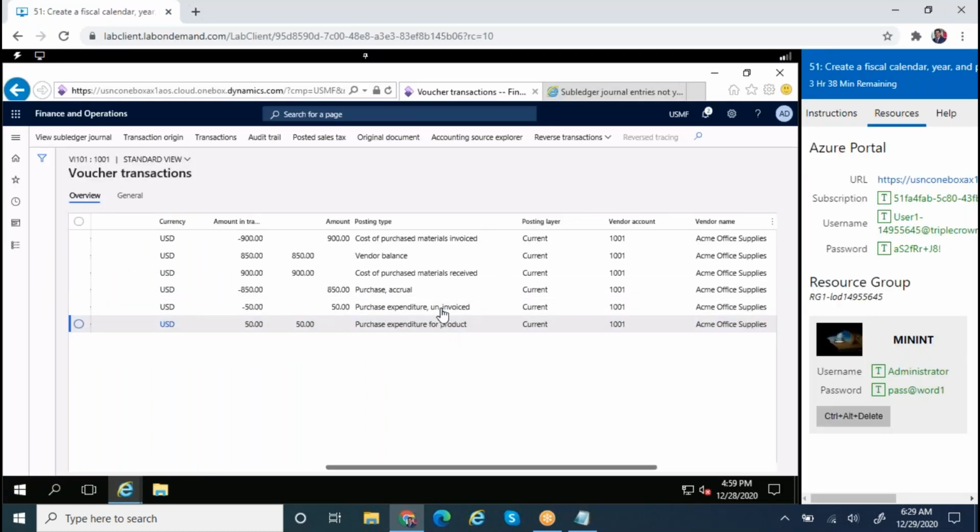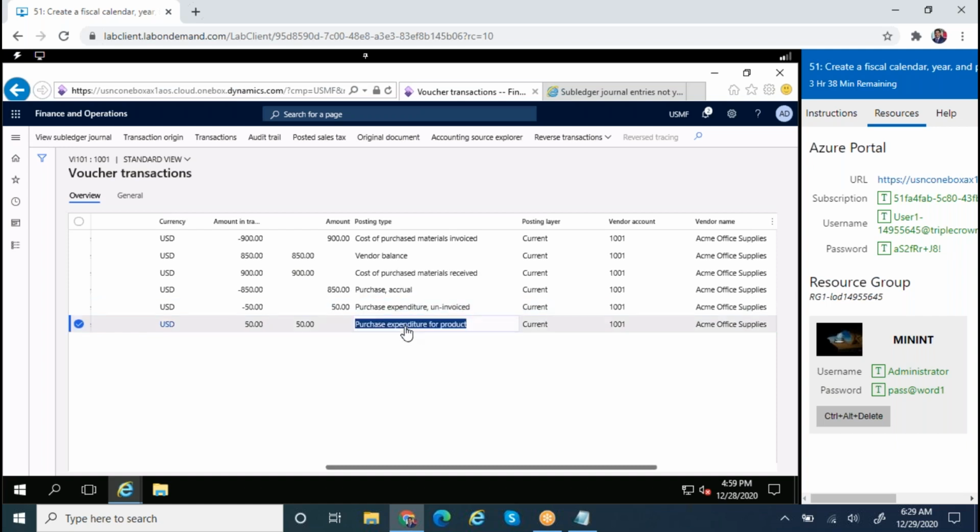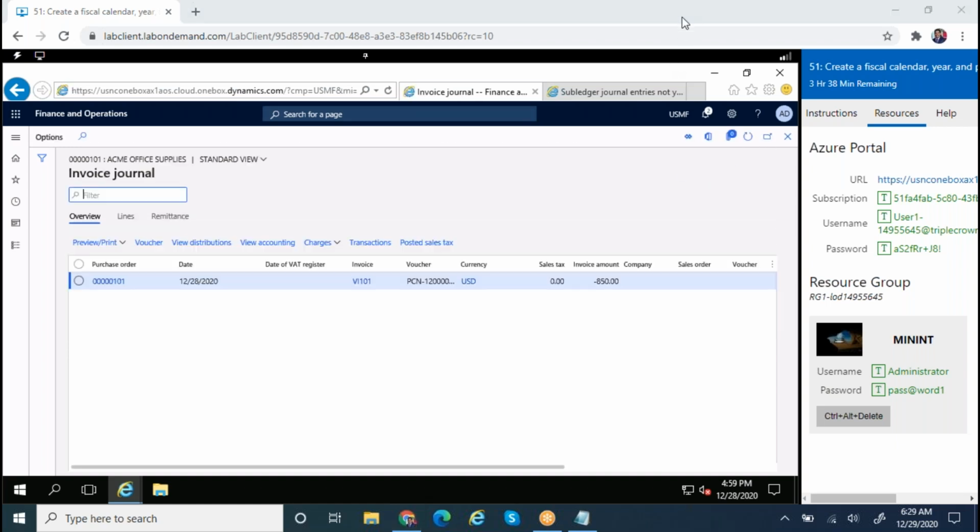During product receipt, this account is posted: purchase expenditure uninvoiced. And during invoice, purchase expenditure for product, to compensate the inventory value. Okay, clear? Anita, Pandu, Avik, everyone?